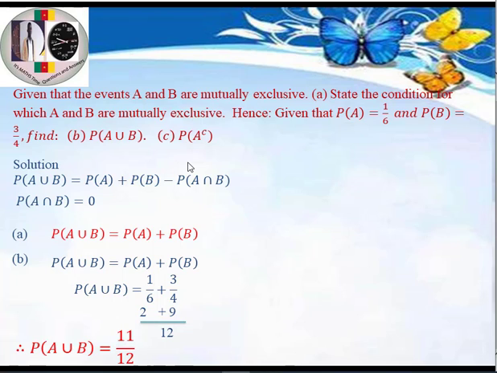Before we go on, I want to give you a little insight about probability. Probability can only lie between 0 and 1. The highest probability is for an event that is certain to occur, for example, the probability that we will die someday. Everybody must die someday, so the probability is 1.